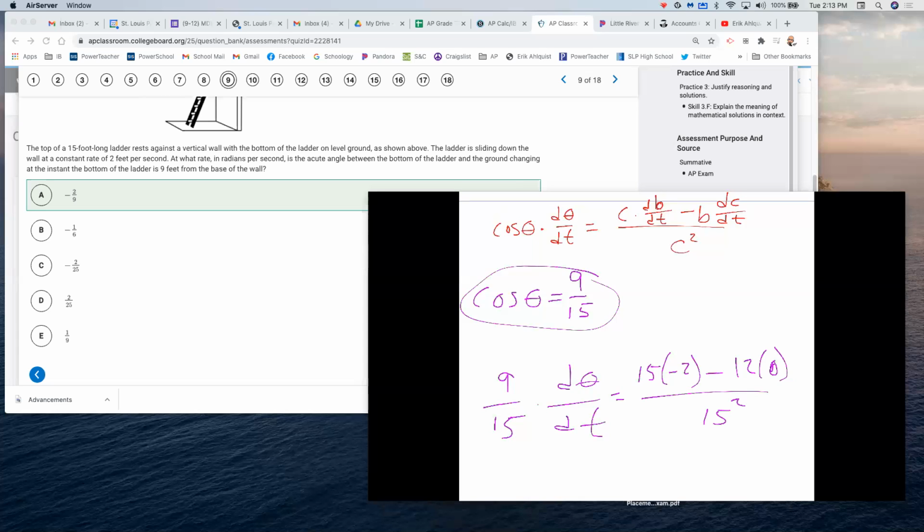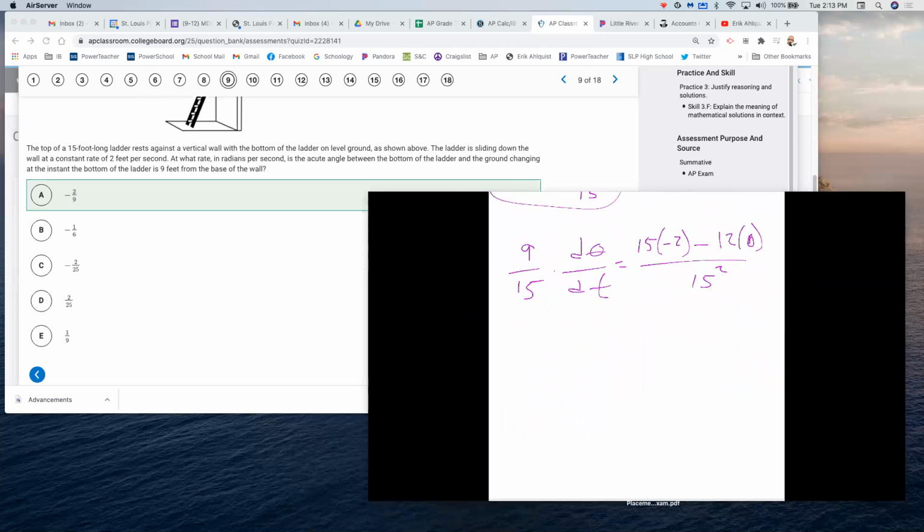Does that make sense? And now I fortunately get some really convenient things to happen because I got 9/15 here. And I got negative 2 times 15 over 15 squared. And that means d theta dt is equal to negative 2 times 15 over 15 squared times 15 ninths.